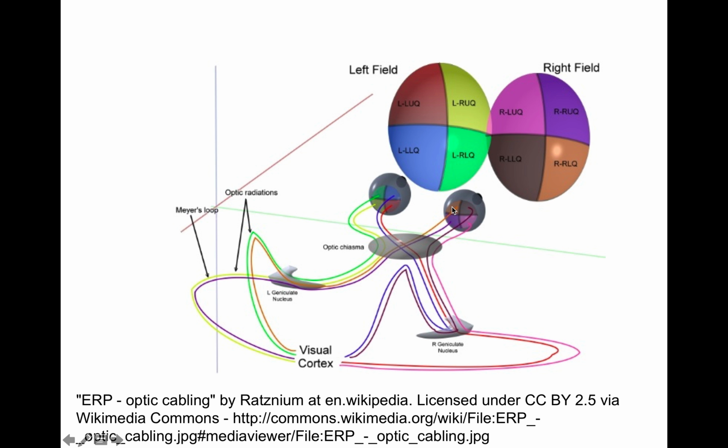And those are both being carried back around the same sort of portion of these optic radiations that are feeding back. Meyer's loop, another area here, is then showing this type of responsiveness that we have from the right upper quadrant. So that's the feedback that we're seeing here.